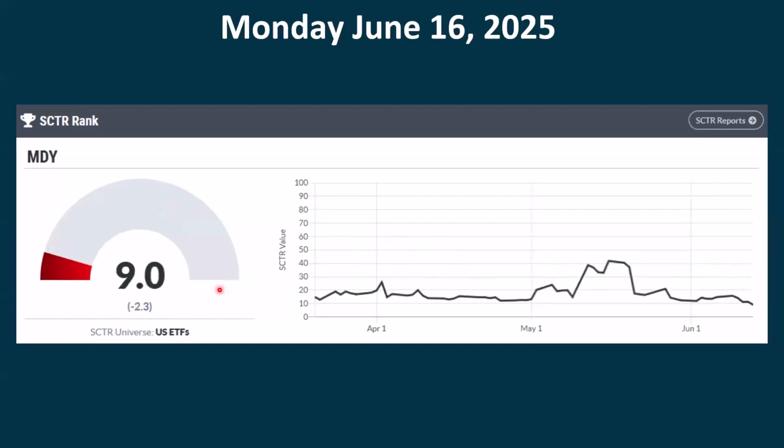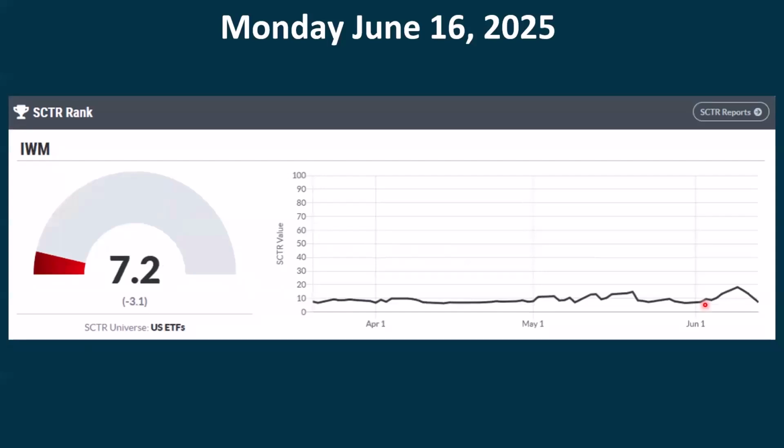Then we start to go down to single digits. The mid caps are just really struggling right now, not above their 200-day moving average, and even below that are the small caps. Now, a week ago, small caps had a pretty good week, and we actually got up into double digits. They gave pretty much all of that back on a scoring basis here, coming in last place at 7.2.